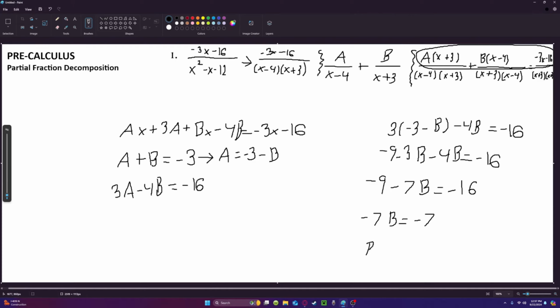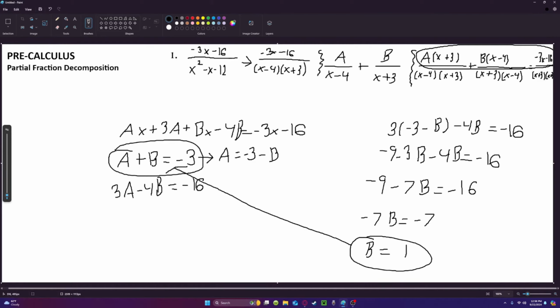And then you get b equals 1. And now that we have b equals 1, we can easily just plug it back in to this equation right here. So we then have a plus 1 equals negative 3, and a equals negative 4.